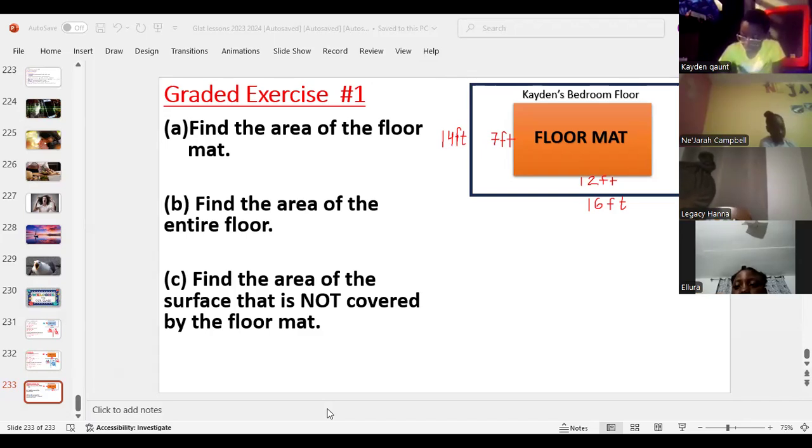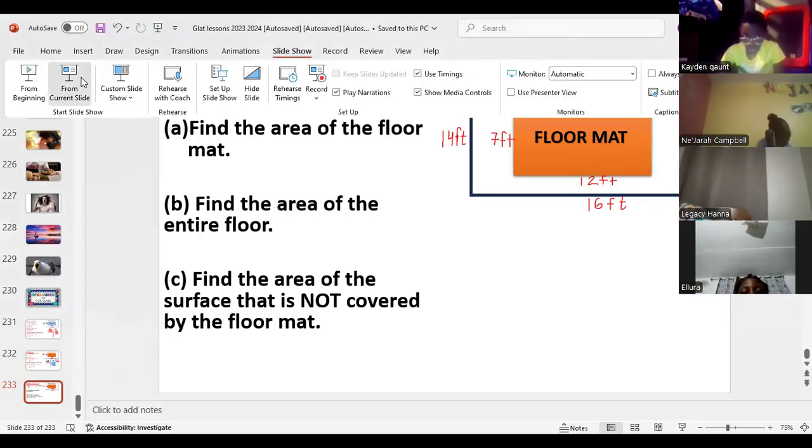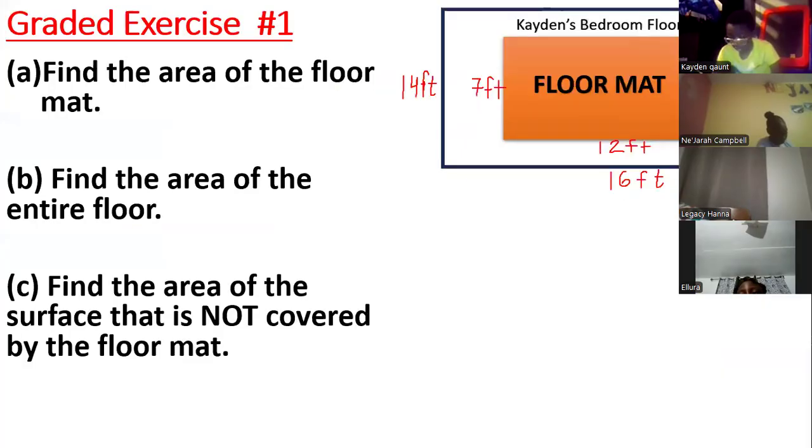Do you know how to do that? We have to multiply, to find 7 times 12. Say it again. 7 times 12. Very good. And to find the area of the entire floor, what we have to do?